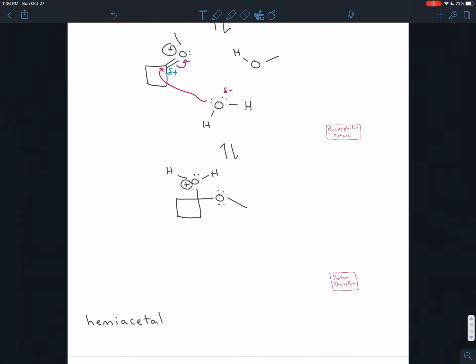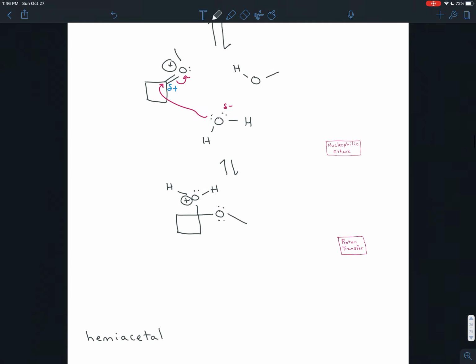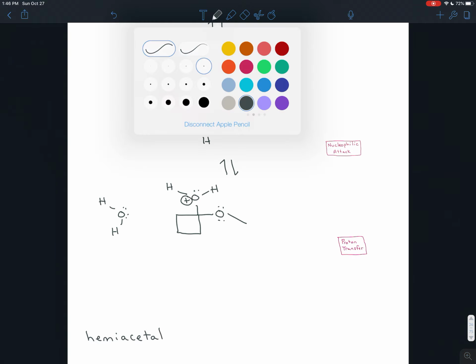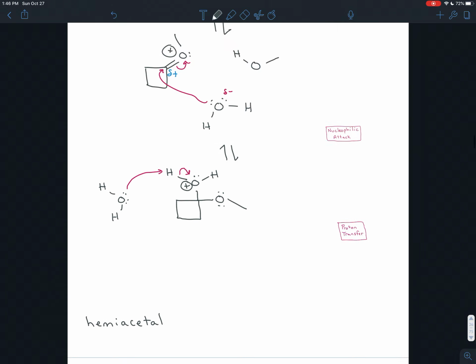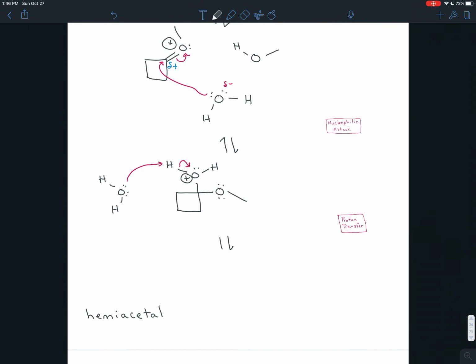So we're almost at the hemiacetal. We just need to stabilize this, and we can stabilize it by doing a proton transfer. We can take another water molecule, and the slightly negative oxygen sticks to and steals the slightly positive hydrogen. The electrons that we're attaching it go to the positive oxygen to help stabilize that. That's a proton transfer.